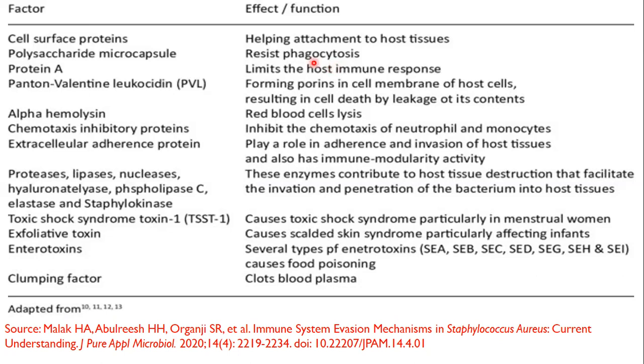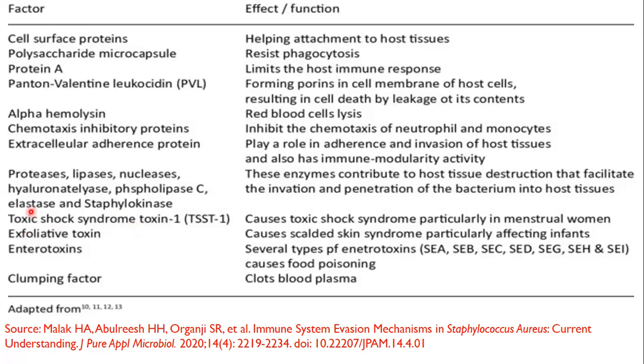So we have here your protein A, your Panton-Valentine leucocidin or PVL. And then I mentioned this already, alpha hemolysin responsible for beta hemolysis in blood agar. Then another very important factor is your toxic shock syndrome toxin, TSST-1, or your exfoliative toxin.